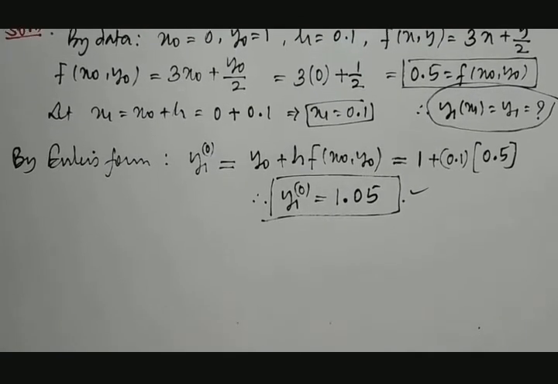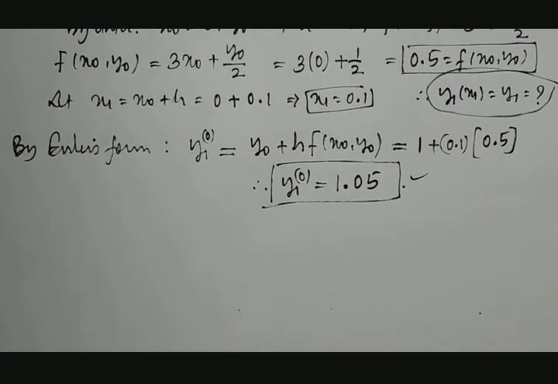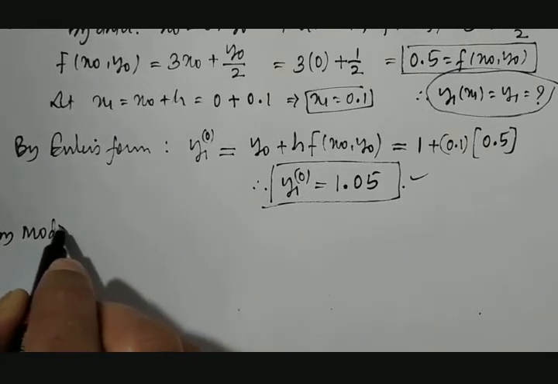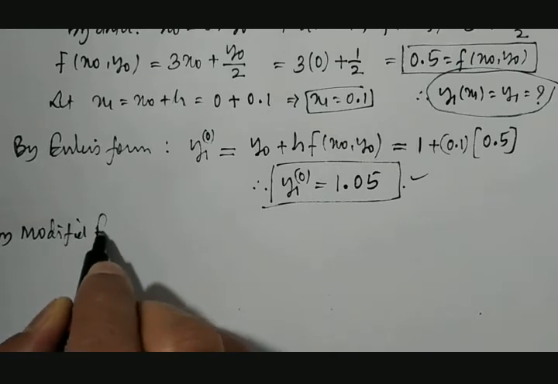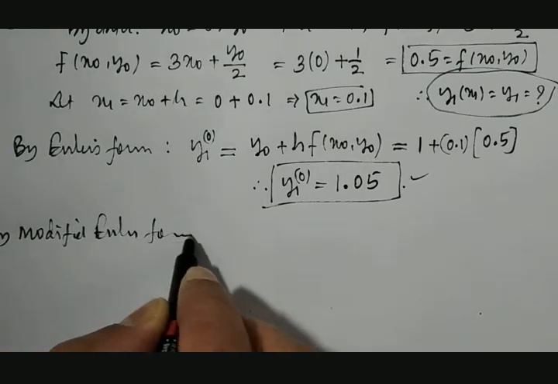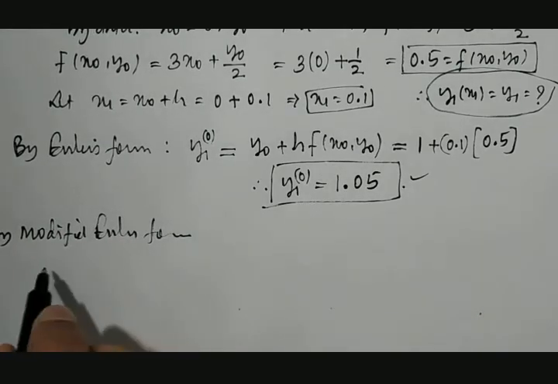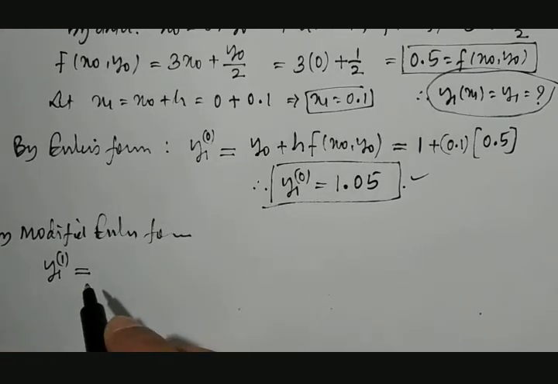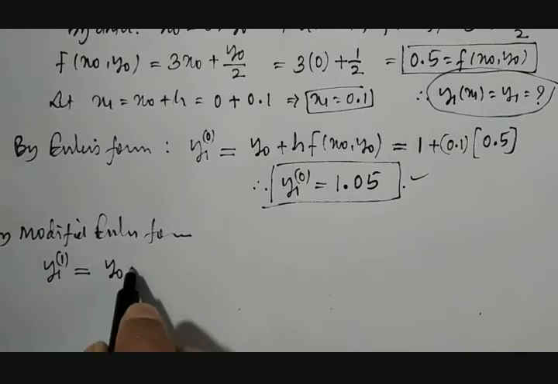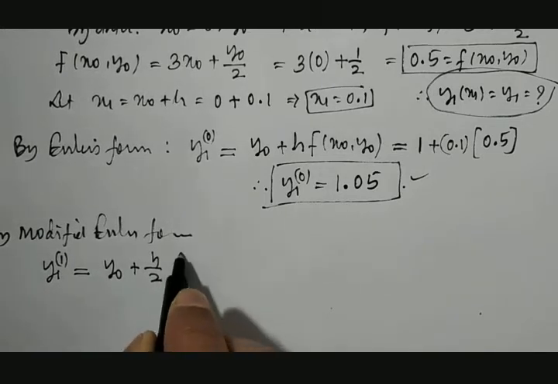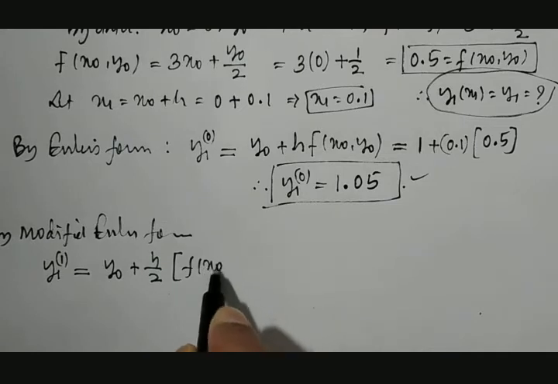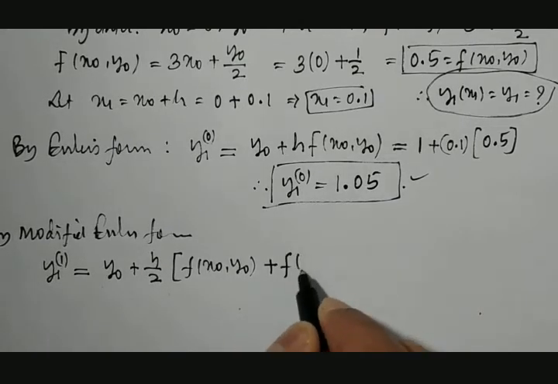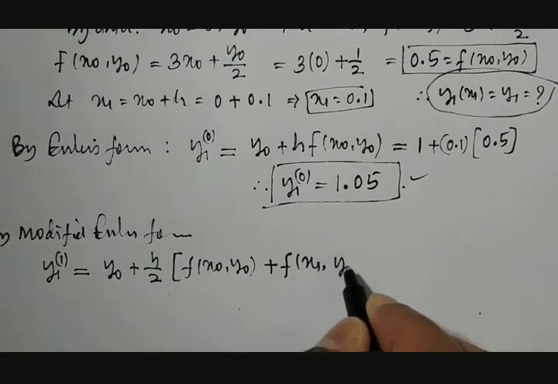So we need to go for the corrected value now by using the modified Euler's formula. What does the modified Euler's formula say? The first approximation to y1 is equal to y naught plus h by 2 into f of x naught, y naught plus f of x1, y1.